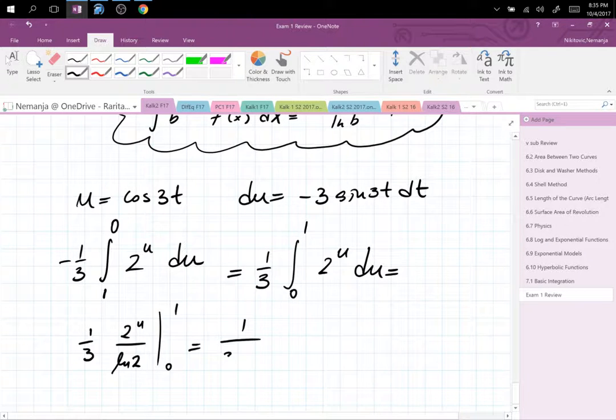Now 1 over 3 ln 2 is a constant, and we have 2 to the 1 minus 2 to the 0. Right? 2 to the 1 is 2, minus 2 to the 0 is 1, so that's 1. And the answer should be 1 over 3 ln 2.